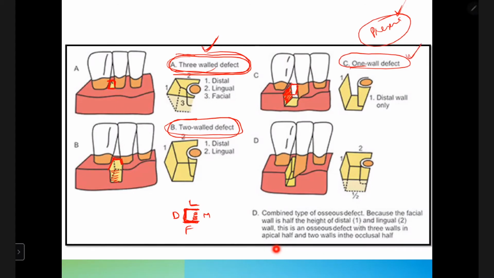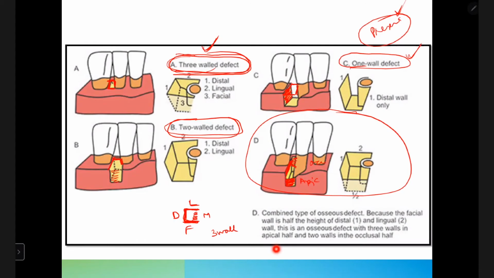Now here we can see the combined osseous defect. If you divide this into 2 halves, occlusal half and apical half, in the apical half you can see that there is some facial wall present, there is a distal wall, and there is a lingual wall, right? So in the apical half, it is a 3-wall defect.